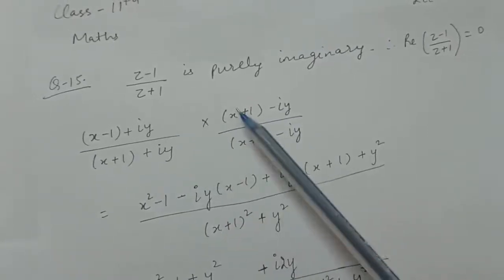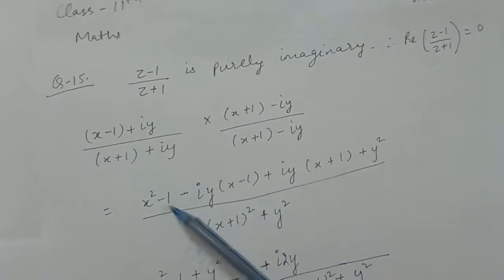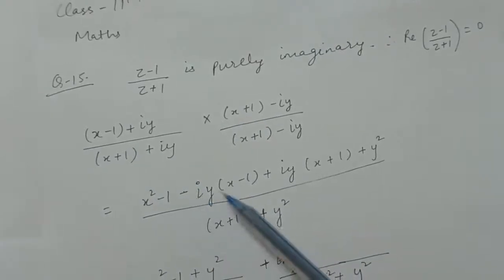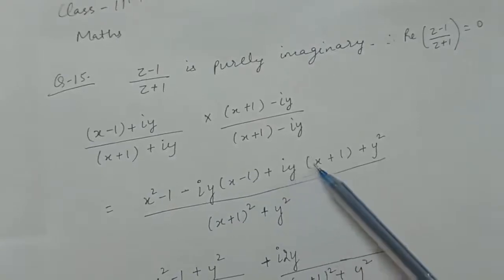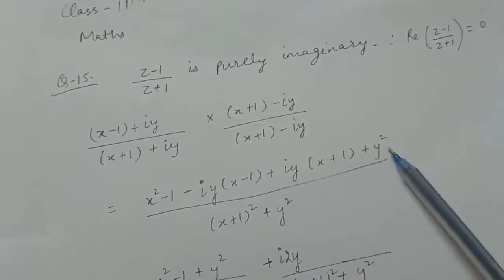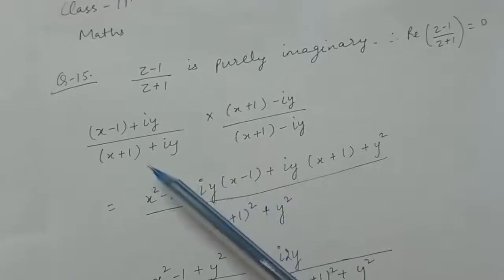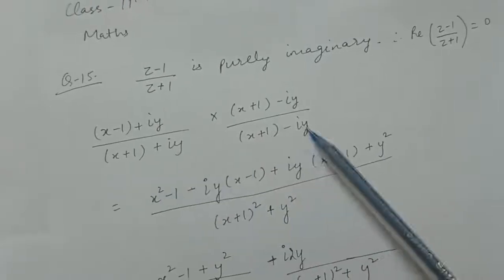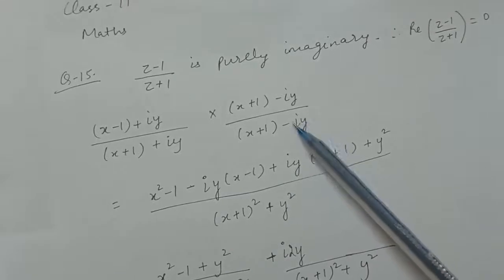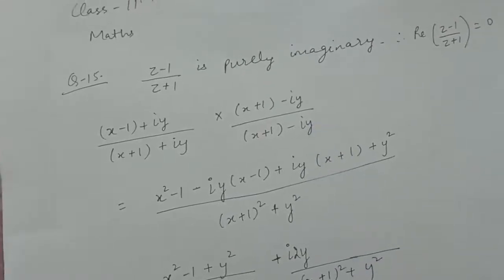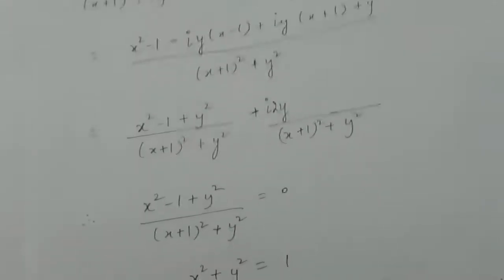Now multiplying this, you will get x square minus 1 minus iota y into x minus 1 plus iota y into x plus 1 plus y square, and in the denominator you will get, this is (a plus b) into (a minus b), so a square minus b square, so minus iota square y square will be plus y square.